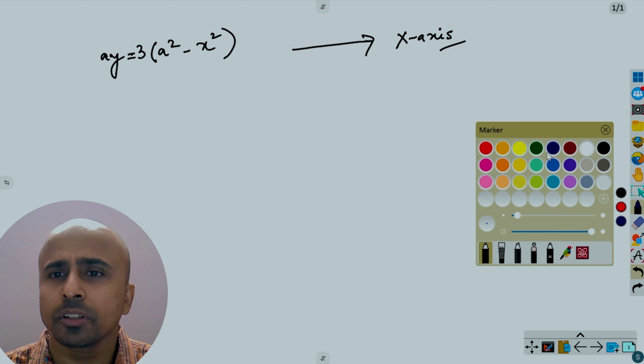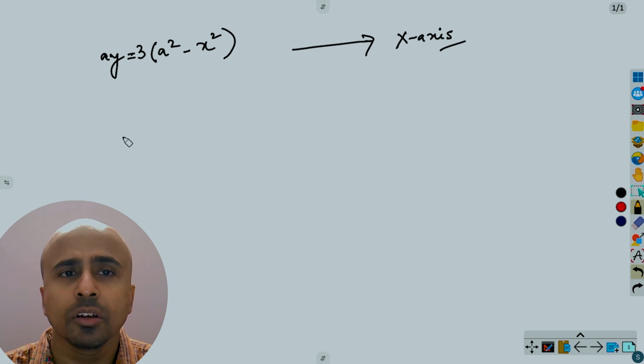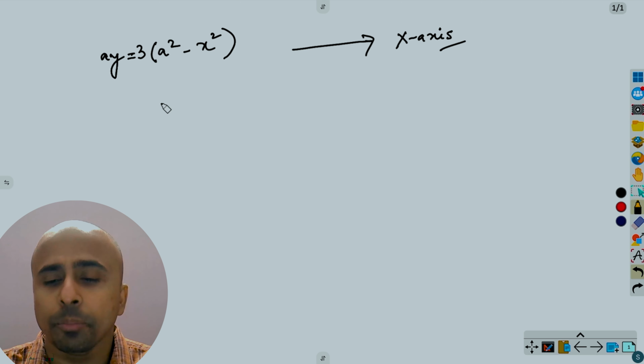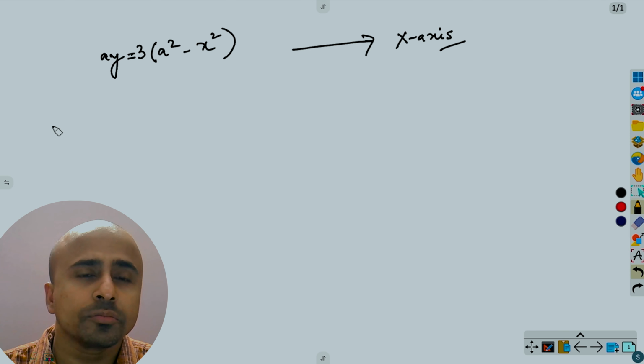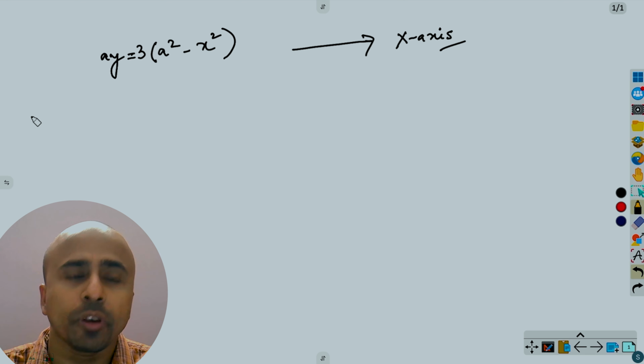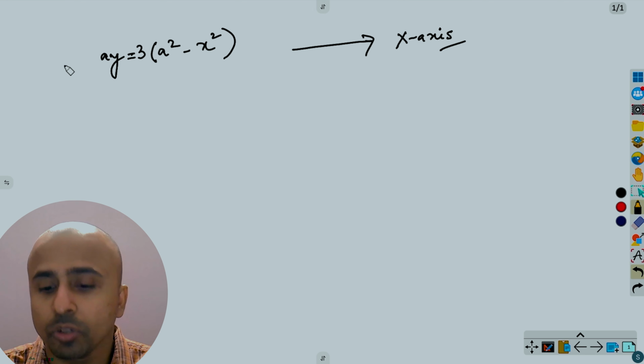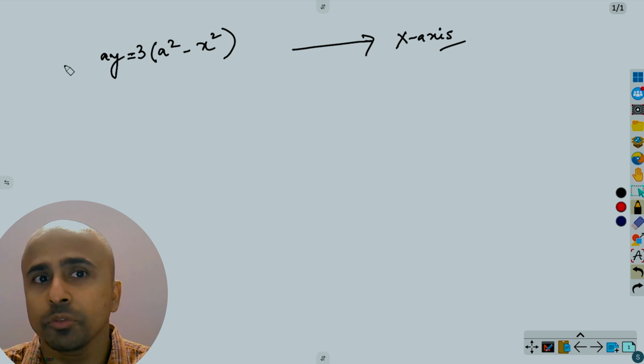Let me use a different color. See, in order to draw a parabola, how many points do we need? We need at least 3 points, right? So if we can get 3 points in the xy Cartesian coordinate, then we can draw this parabola.